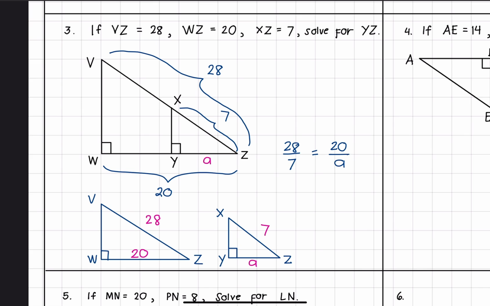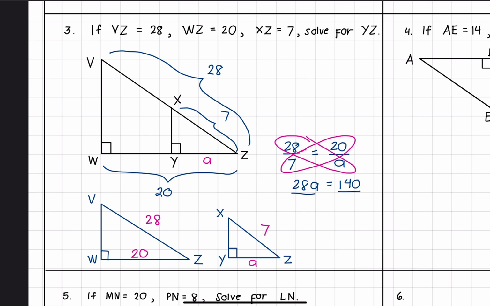Now that we have a proportion, we're going to solve for A. So cross multiply. 28 times A is 28A is equal to 7 times 20 is 140.